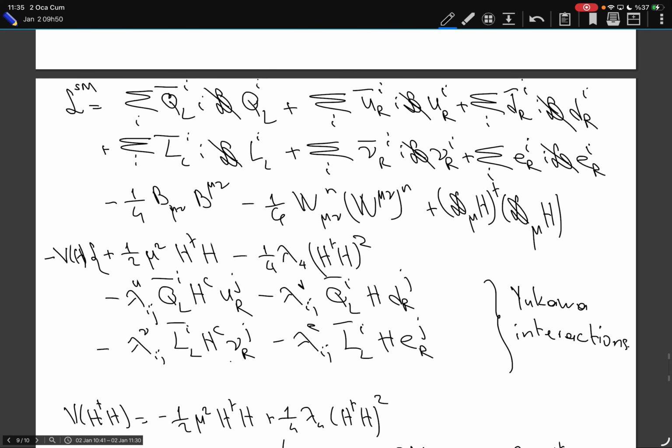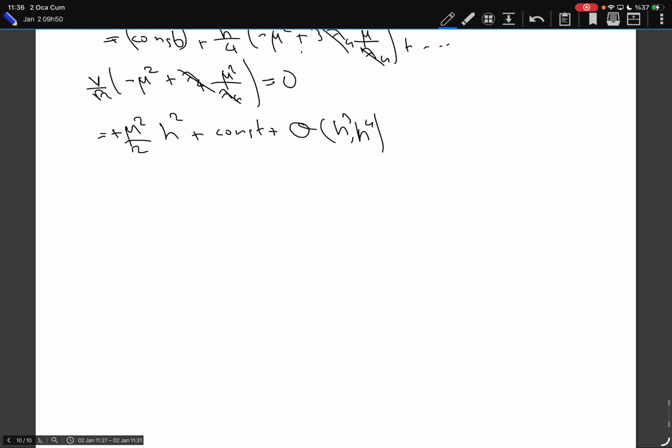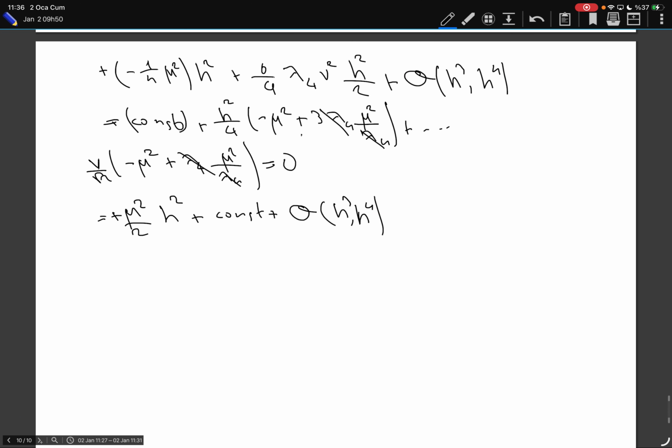Now let's look at what happened. Let me look at this term in the gauge theory case. What will that term become? Let me calculate this del mu h.